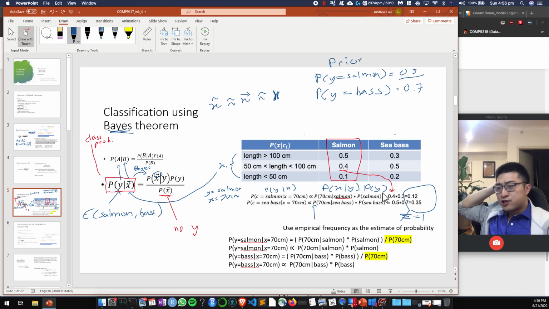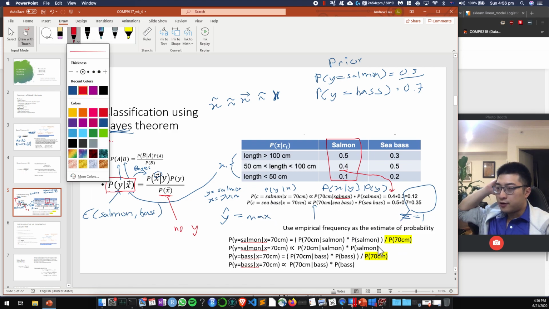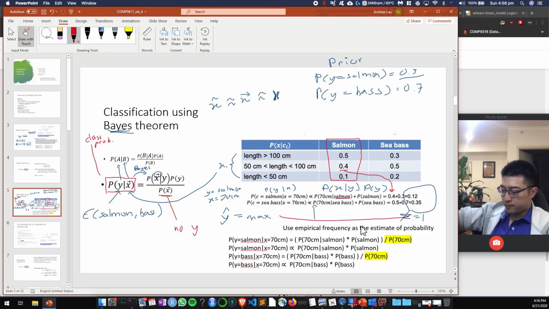Okay, so cool. So in practice, what you do is if you're given a data set like this and you're just using a basic Bayes classifier, you would calculate the probability of all the classes, and then basically what you do is your target, your predicted value, you just take the maximum of these two.